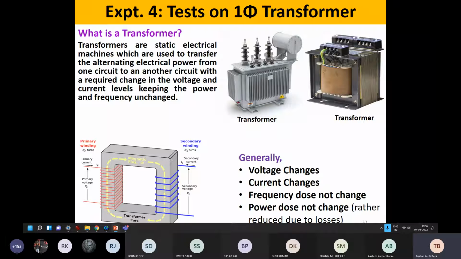For measuring the efficiency, definitely we need to divide the output by input. For getting the output, either we need to know the output power delivered at full load condition, or we need to measure the losses in some test. Measuring the losses in the open circuit test and short circuit test is one type of indirect procedure by which we can calculate the efficiency of the transformer.